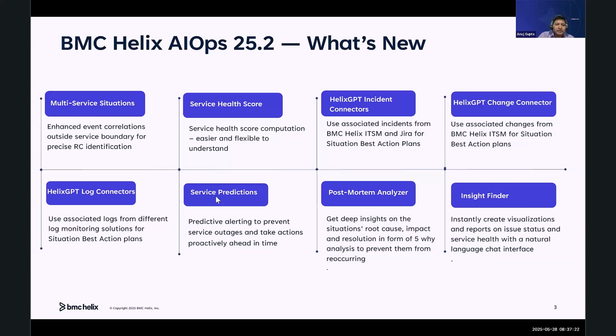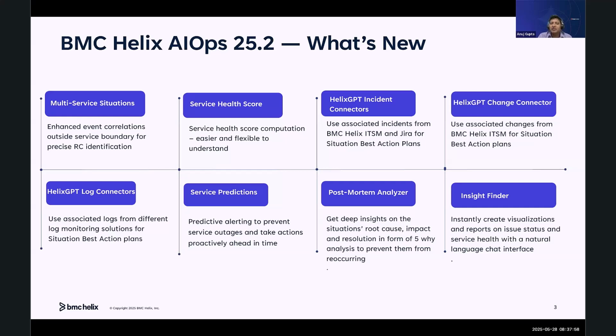The first piece that we have is our multi-service situations. As we are getting all these events data across different sources, we perform event correlations to form situations. Now, in our latest release, we have extended our event correlation logic to even include configuration items which are outside of the service boundary, or configuration items impacting multiple services.